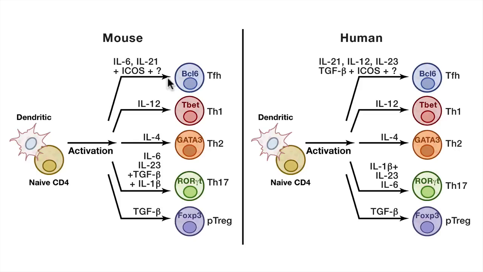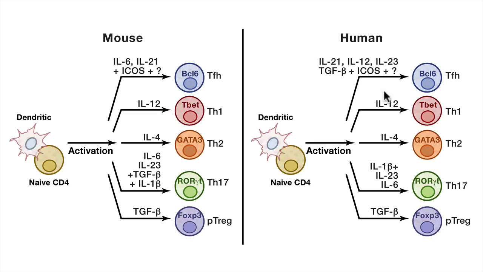And so most of this knowledge is still really dependent on in vivo data. And establishment of a well-defined, well-characterized in vitro TFH condition remains to be done, and would be a major contribution to the field.